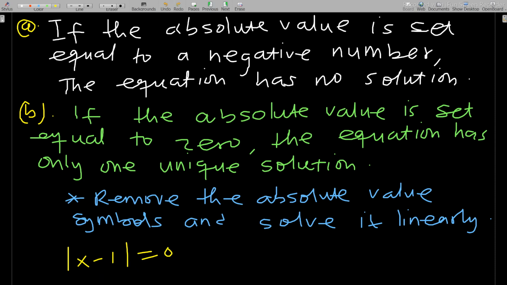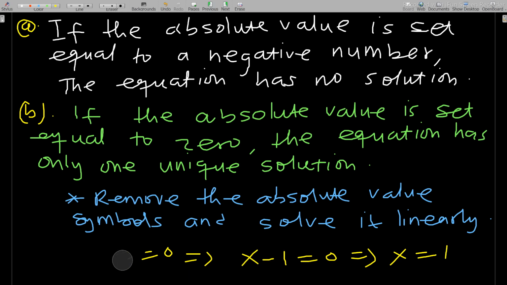But if the function is very tedious for you, then what you can do is first remove the absolute value symbols, equate it to 0 and solve it linearly. So when I solve this, it implies that x will be equal to 1. Indeed, we needed only 1 here. So that is the explanation of the condition, and that is how we'll solve such questions.